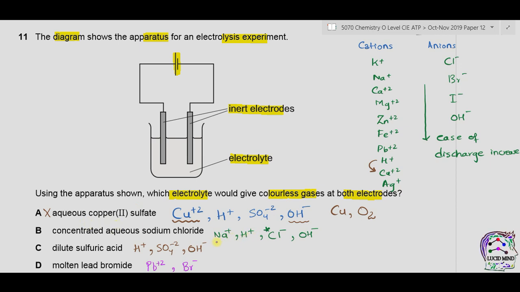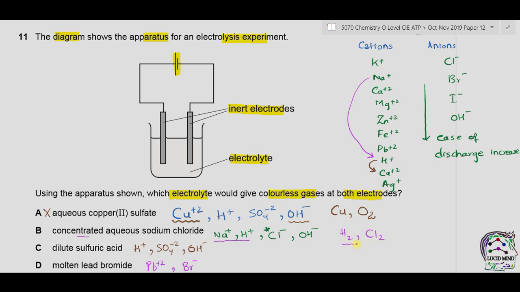In B we have Na plus and H plus, out of which H plus will be discharged because sodium plus is above hydrogen. So H plus is converted into hydrogen gas. Similarly among Cl negative and OH negative, as the concentration of Cl negative is very high because of the concentrated solution, OH negative is not discharged but Cl negative is converted into chlorine gas.